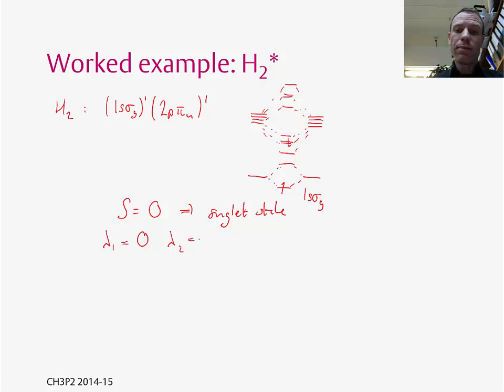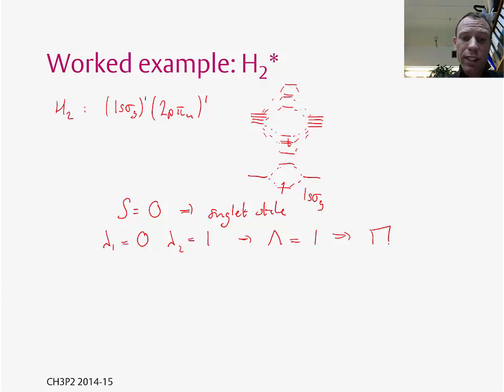So a lambda value of 1. So we can combine these to give us our capital lambda value, and the only value we can get from combining these is 1. So this is going to give us a pi state, so capital pi.